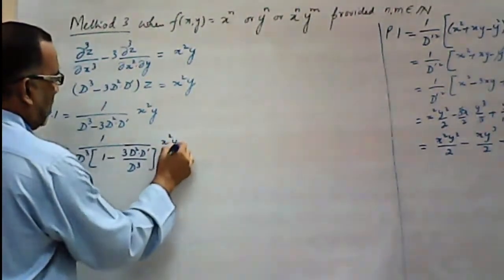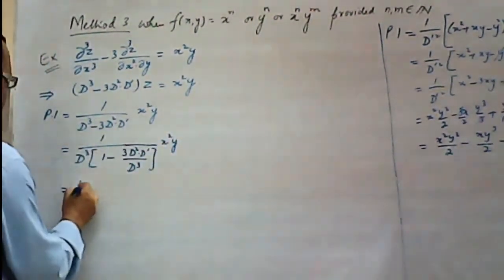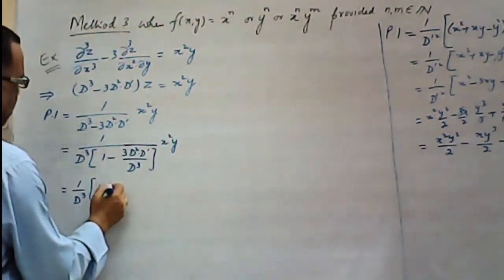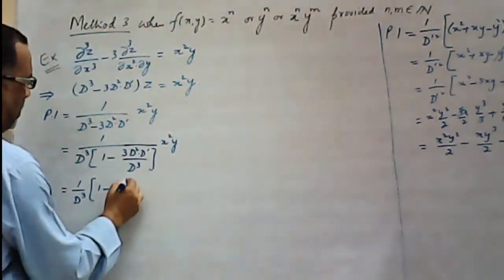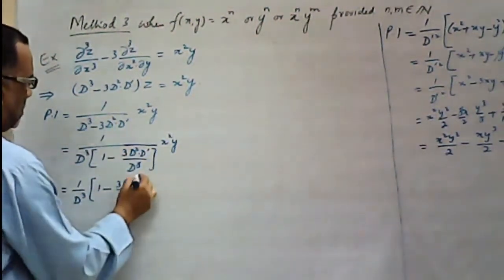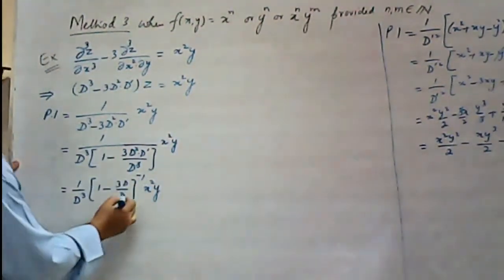So now we have x square y. Now moving this term in the numerator means 1 minus 3D dash upon D, whole power minus 1 applying on x square y.